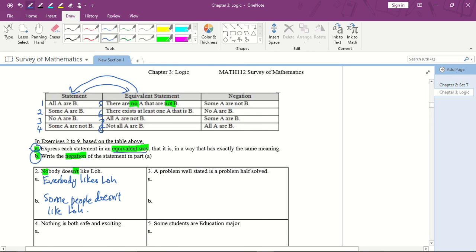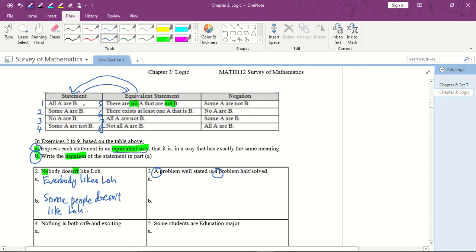So here it says that a problem well stated is a problem half solved. It means that if all problems are well stated, then all problems are half solved. Although it uses the word "and" or "however," it also means that if all problems are well stated, then all problems are half solved. So actually it belongs to the first one.